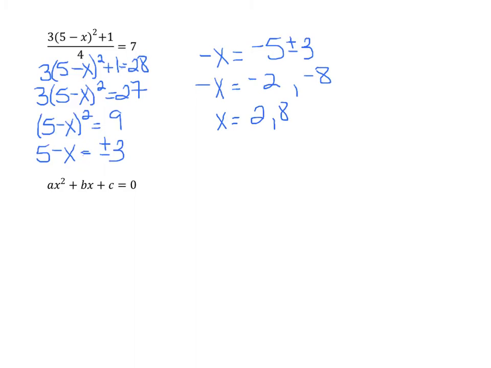The last one is definitely a challenge, so I want you to make sure that you follow along with this. Step 1, bring your constant to the other side. Step 2, divide everything by a.